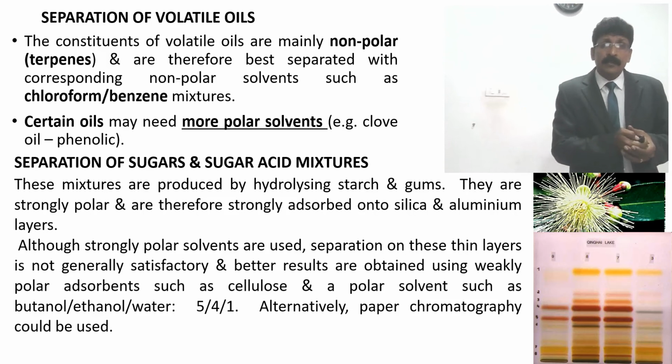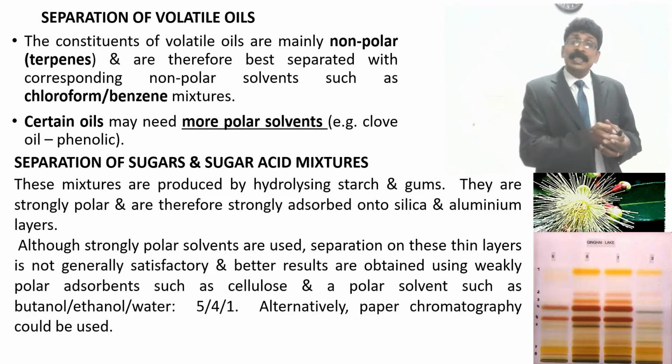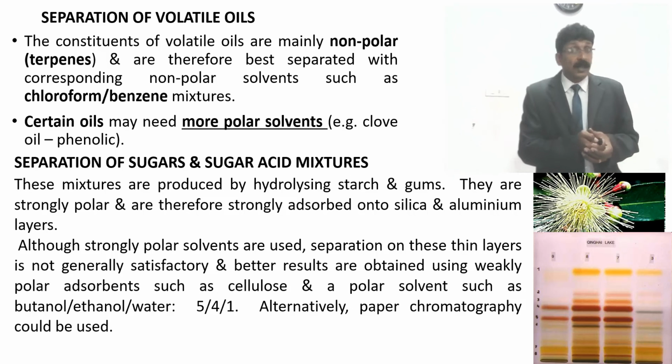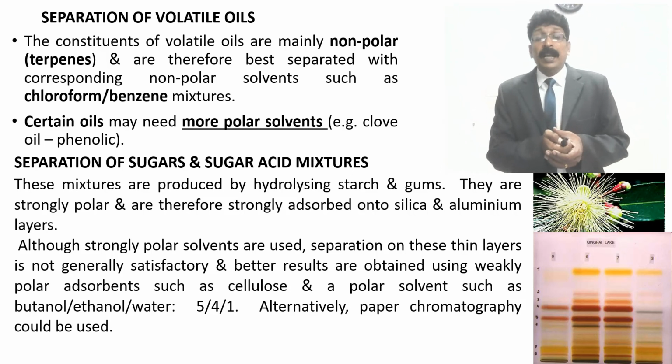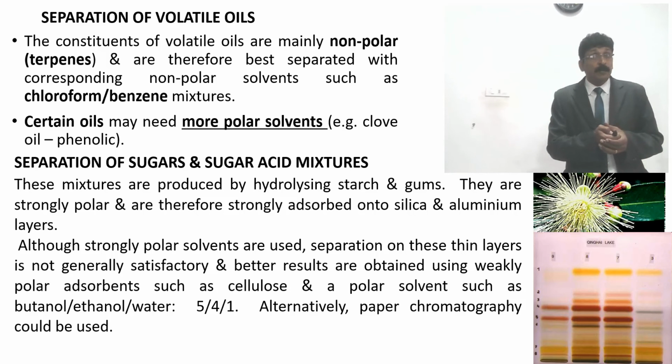Although strongly polar solvents are used, separation on these thin layers is not generally satisfactory. Better results are obtained using weakly polar adsorbents such as cellulose, so they can be preferred for paper chromatography, usually for carbohydrate isolation.